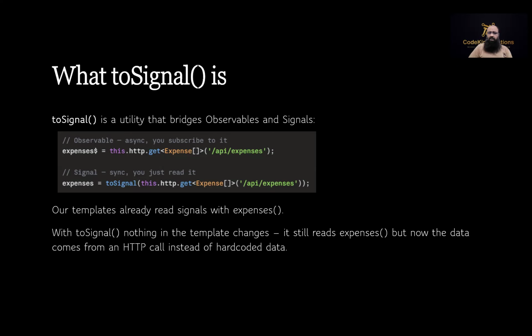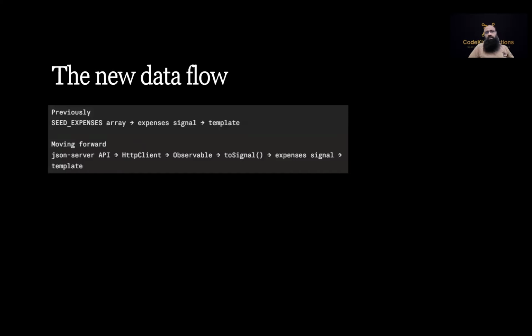So with this being said, what does toSignal do? Nothing is going to change in the template because we are already using signals in our templates, and it's still going to read the expenses. But now the actual data is coming from the API call. It's not hard coded, which we were using previously. So previously, seed expenses was serving the expense signal, and signals were serving the templates.